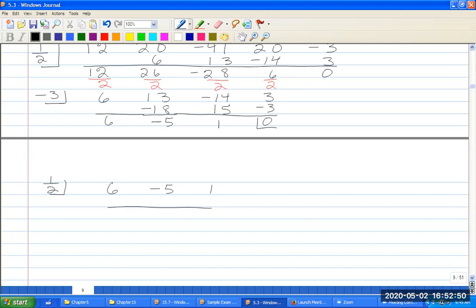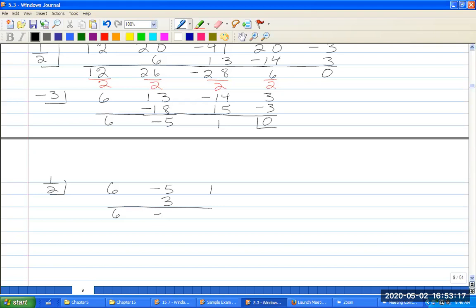So if I look at this, 6x squared minus 5x plus 1, that factors into 2x minus 1 and 3x minus 1. So a half and a third should work. Let's try that. Drop down to 6 times a half is 3.